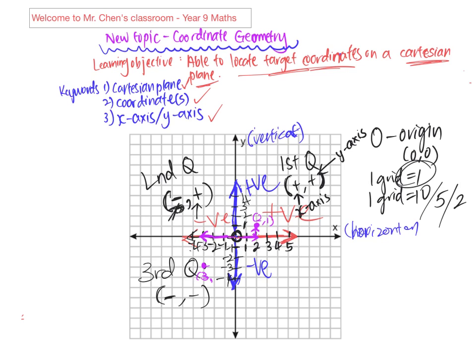So what's the y-axis? You have to go down from the origin, which is 1, 2, and 3. Negative 1, negative 2, and negative 3. So your coordinates for this dot right here are going to end up as negative 3 and negative 3. Okay.